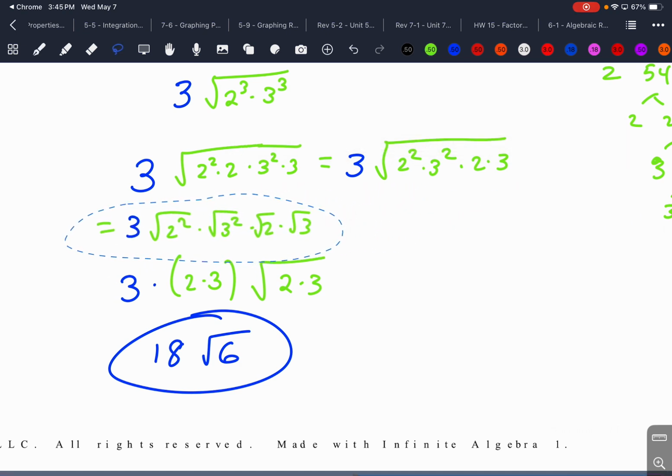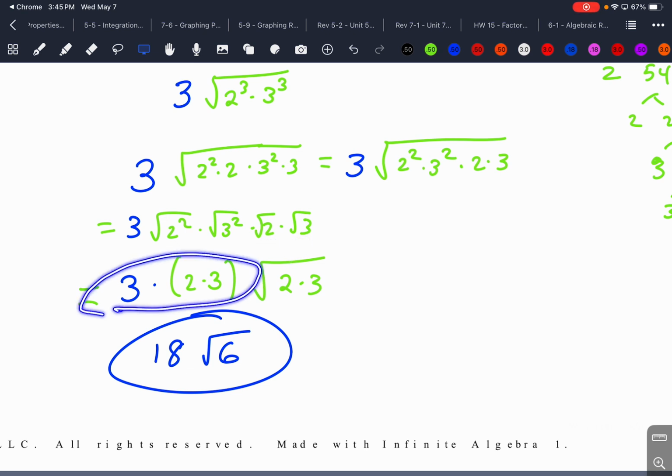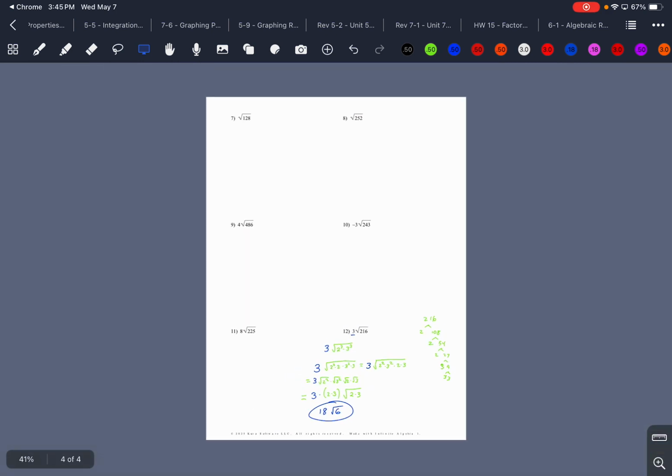And so you can see how that comes down to this. The square root of 2 squared is 2, square root of 3 squared is 3. These 2 get put back under 1 radical, and we have, multiply these guys together, 18, multiply these guys together, 6. Okay, so that is the gist for this section. Good luck.